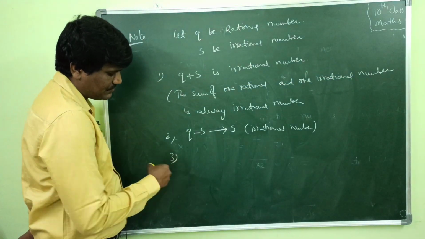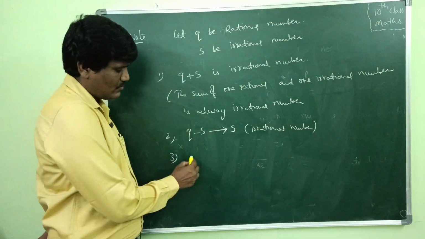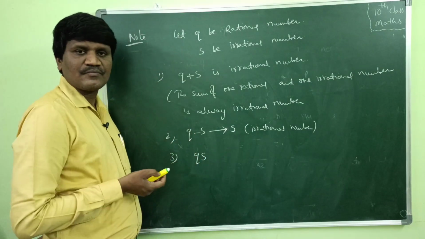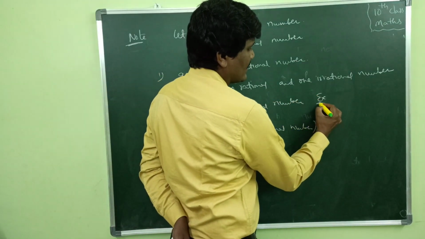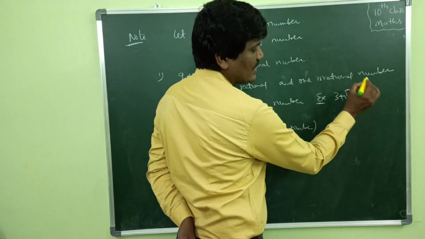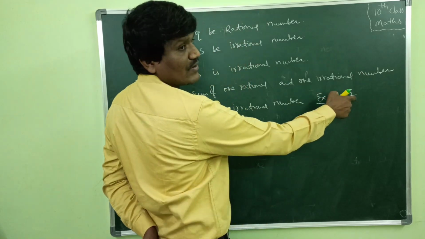Third, the product is qs. As an example, I can take 3 plus root 2, which is irrational, where one is rational and one is irrational.